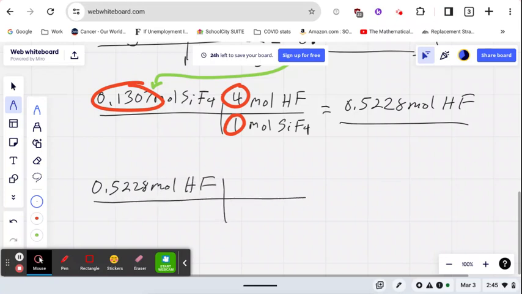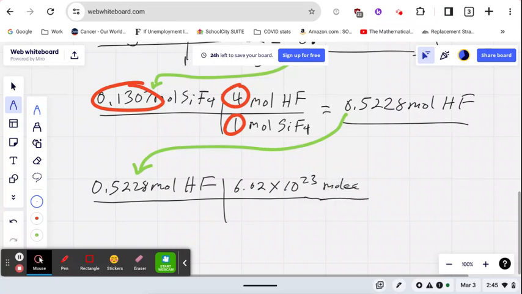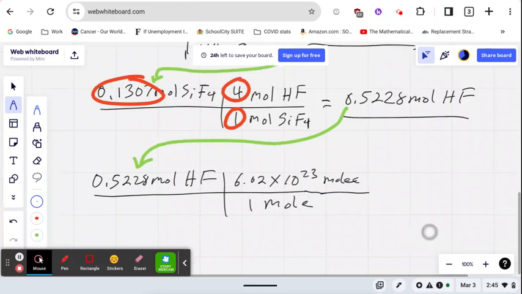To do that, what do you multiply by? The same number as always, 6.02 times 10 to the 23rd molecules per mole.